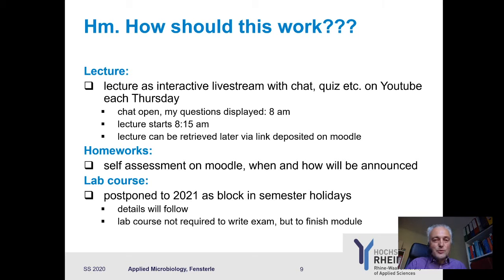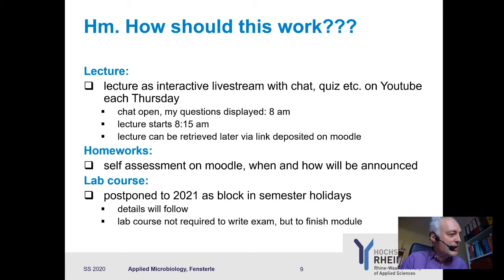The exact date we cannot say yet because we have to follow the situation. I'm quite sure that we can do it at the summer semester break. We would prefer to do it in the winter semester break, so in February or March. It will be a one week block per group. That's the idea at present.